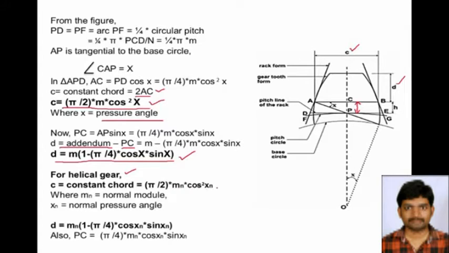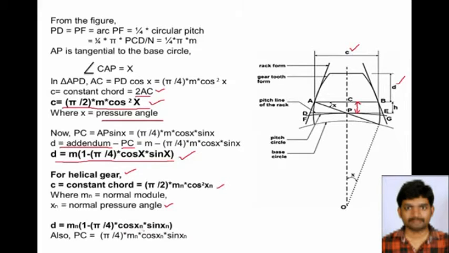mn cos square xn, where mn is the normal module and xn is the normal pressure angle, and D is equal to mn times 1 minus pi by 4 cos xn sin xn.